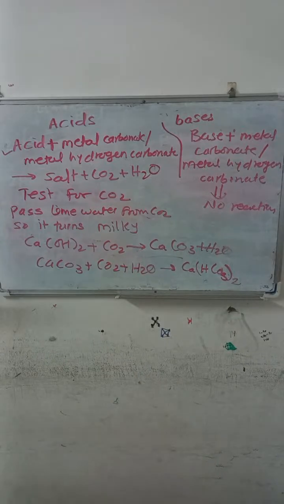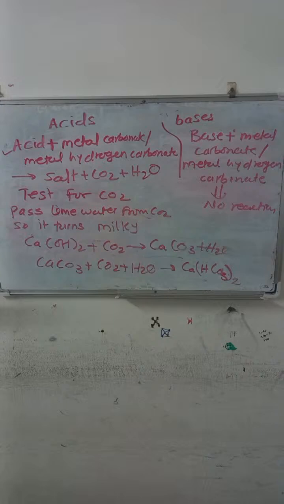So these are the two important reactions with acids and bases. When an acid acts with a metal, it gives salt and hydrogen gas. Bases also react with metals and give salt and hydrogen gas. We took an example, hydrochloric acid plus zinc.